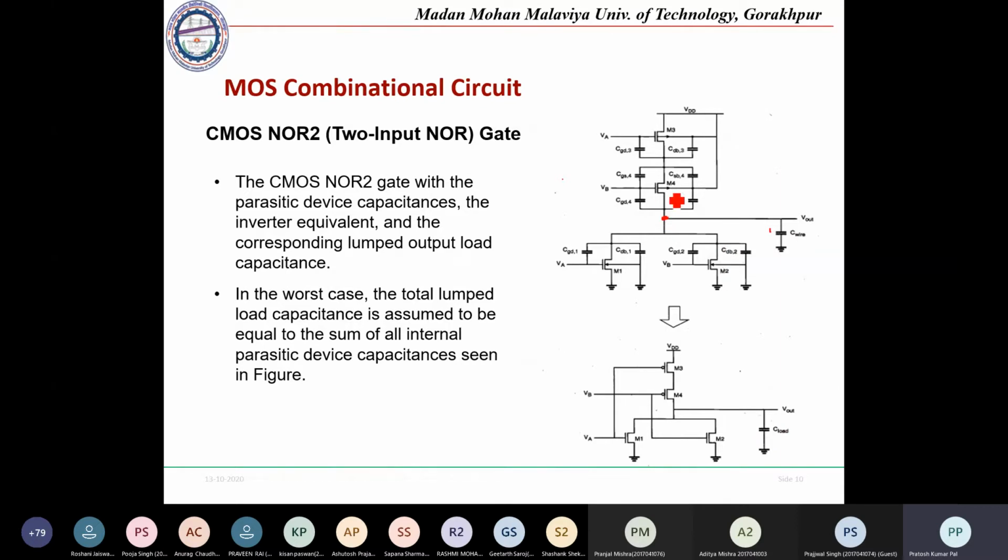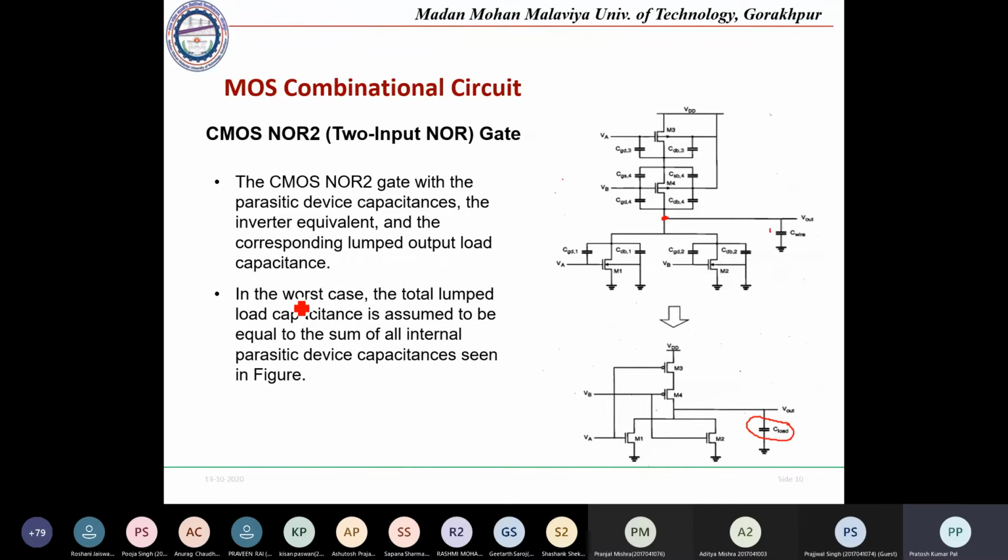Whatever capacitance is connected to the drain terminal, only that will be considered, otherwise it will be ignored. So the CMOS NOR gets the parasitic device capacitances, the inverter equivalent, and the corresponding lumped output load capacitance. This is the parasitic capacitance, and this lumped-up capacitance is the equivalent C load we will be replacing.